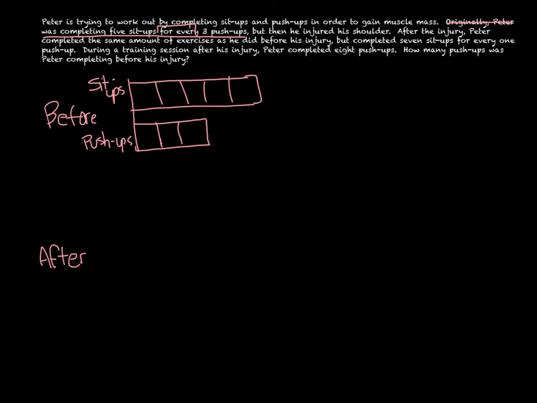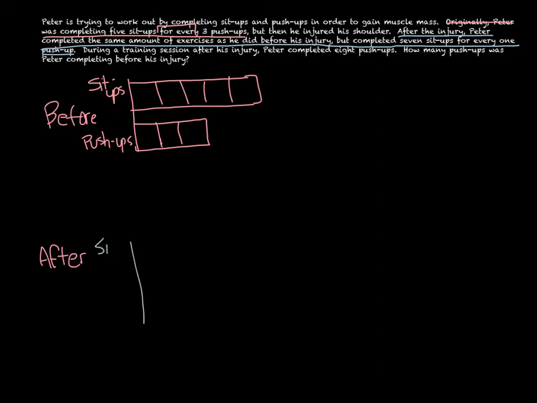All right, let's now go to after his injury. So if we look in the problem, it says after his injury, Peter completed the same amount of exercises as he did before, but now he completed 7 sit-ups for every 1 push-up. So we're going to draw our tape diagram again.